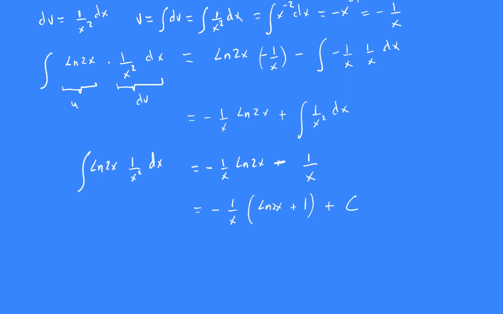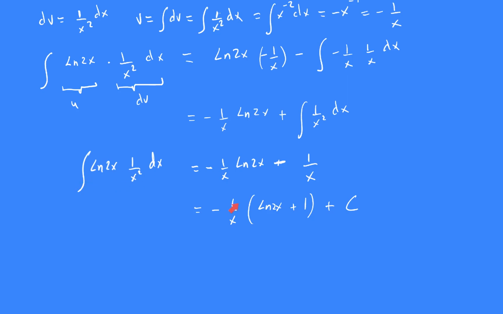So taking the common factor of minus 1 divided by x, we get minus 1 divided by x times natural log of 2x plus 1, plus c. This is the final result for the integral that we are solving.